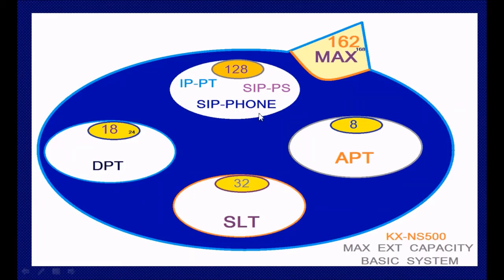For the main unit or basic unit, the maximum collection of all types of extensions will not exceed 162, and 168 with digital etc. device port, of course, but individually 18 digital proprietary telephones is the maximum. 32 SLT is the maximum number of single line telephones which can be taken from any unit.